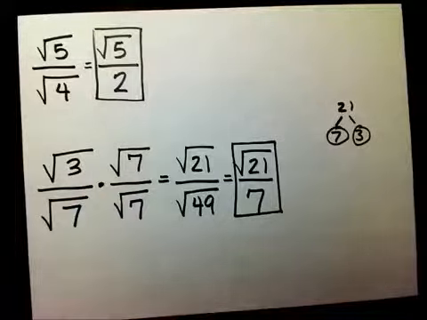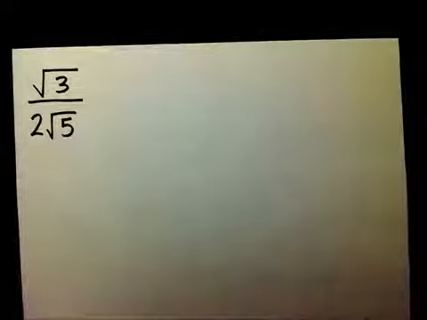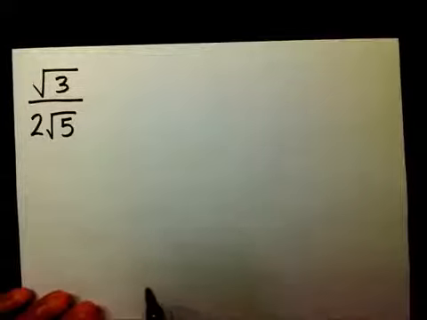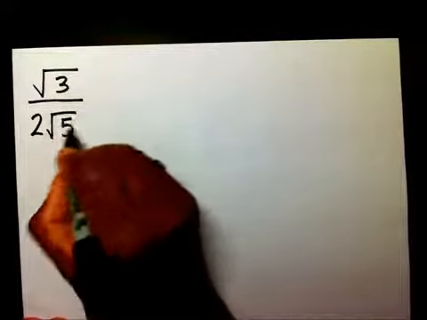Well, what if I had radical 3 over 2 radical 5? If you'll notice, I have a radical in my denominator. I don't want to have that radical in my denominator.